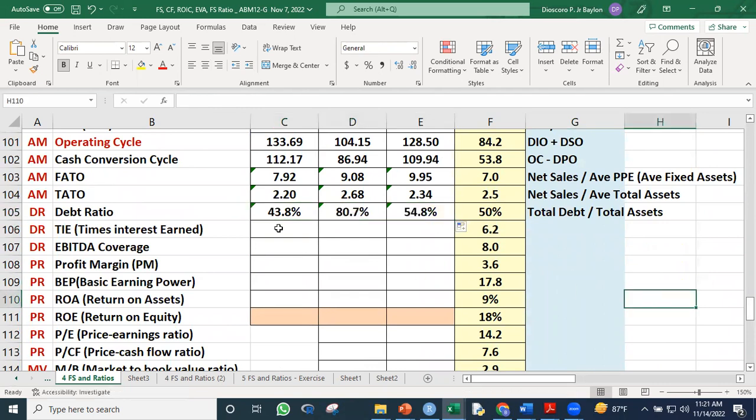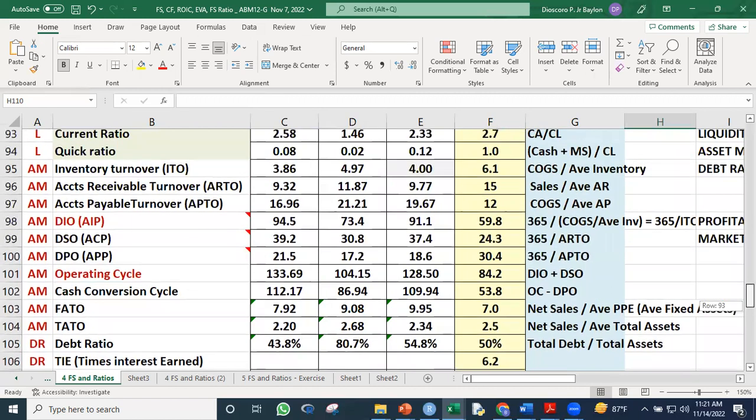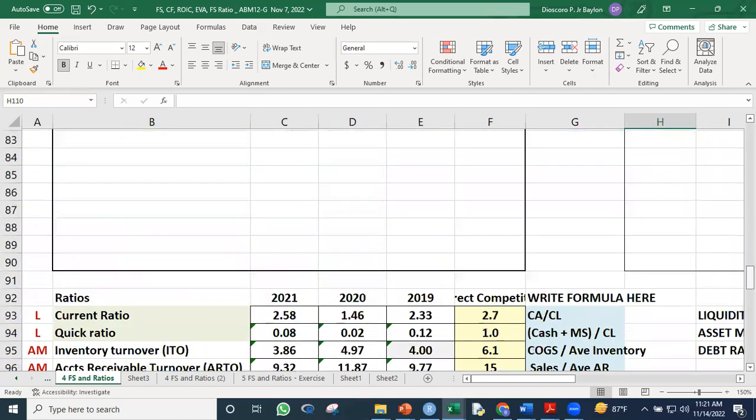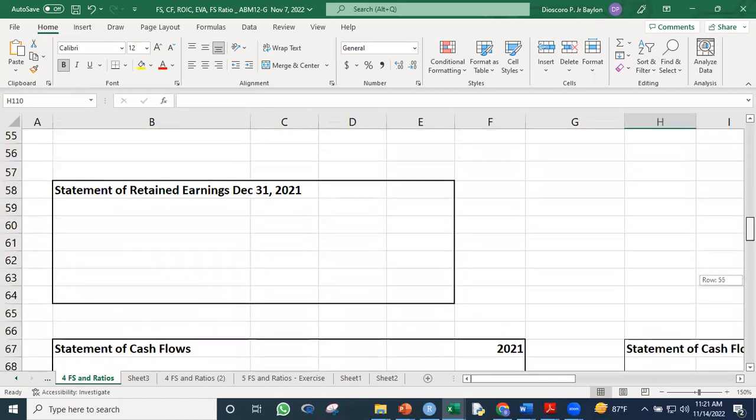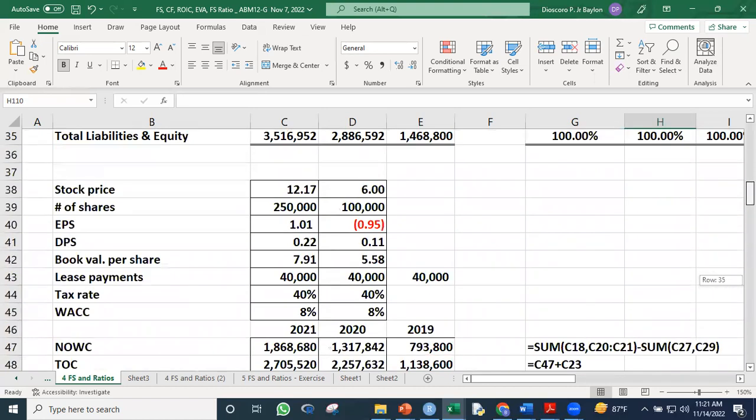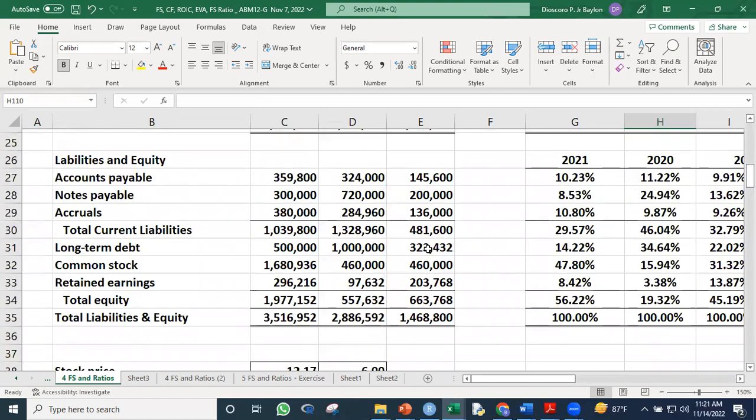So we can see here the movement of the debt ratio was quite volatile. It was 54%, around 55% in 2019, and then it ballooned to 80.7% in 2020. Now, what could have caused this increase in debt ratio? If you take a look at the balance sheet, what really increased?